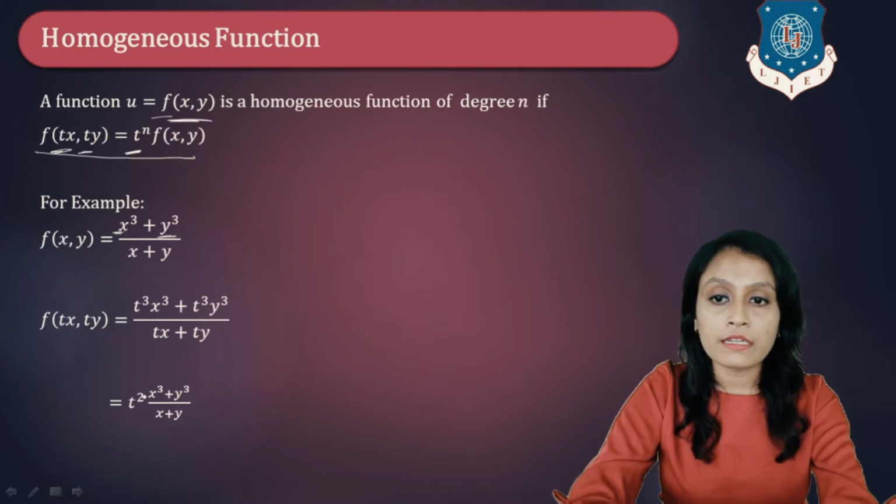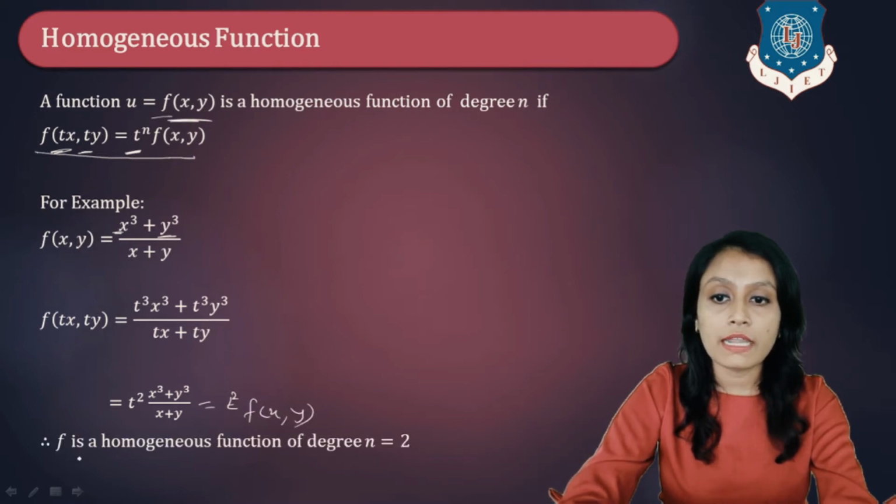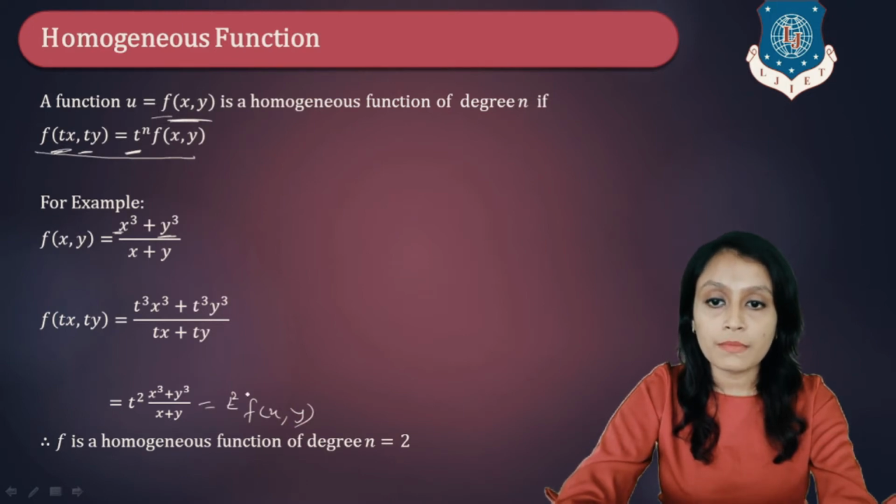Here you will get t^2, and what remains is (x^3 + y^3)/(x + y), and this is the function f(x,y), right? So this is equal to t^2 f(x,y). So we can say that f is a homogeneous function of degree 2, because here n is equal to 2.